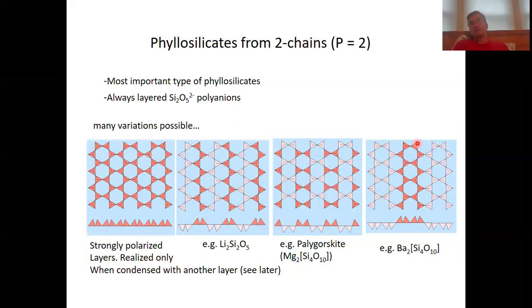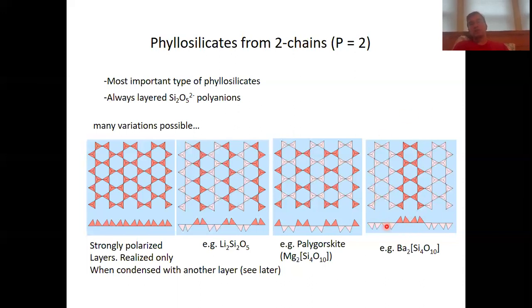Okay, so now basically in this case we have 4 consecutive tetrahedra that point up and down respectively, while here we had 2 consecutive or adjacent tetrahedra that point up and down respectively. But I see also in this case here, overall the layer is not polarized because the number of tetrahedra that point up equals the number of the tetrahedra that point down.